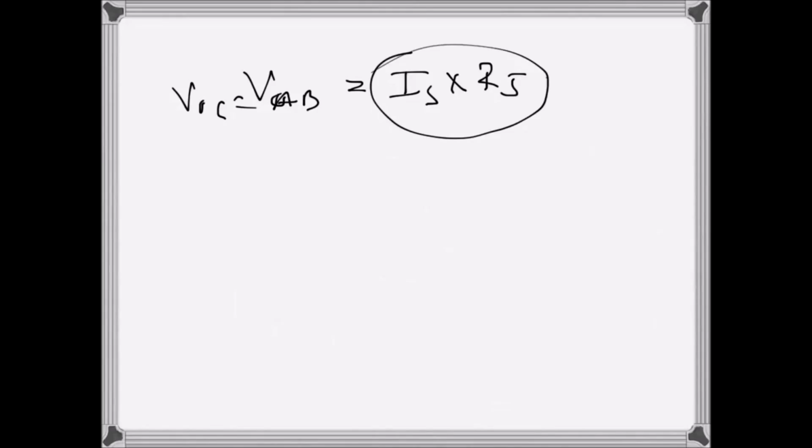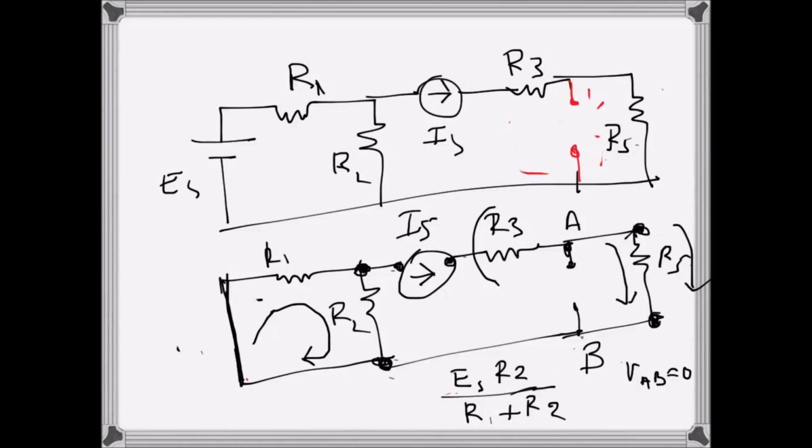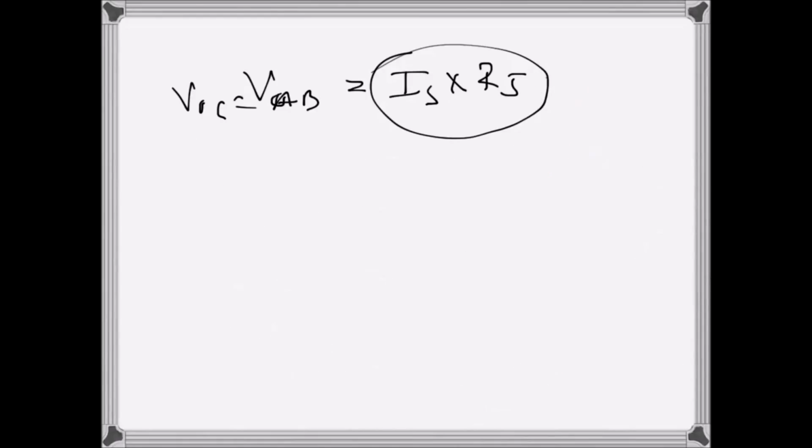So VAB, which is the VOC there, will be just IS times R5. That's how we already know the VOC. This will be our Thevenin voltage because the previous one was 0. So V Thevenin is IS times R5.